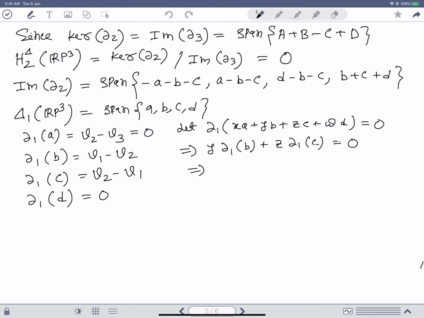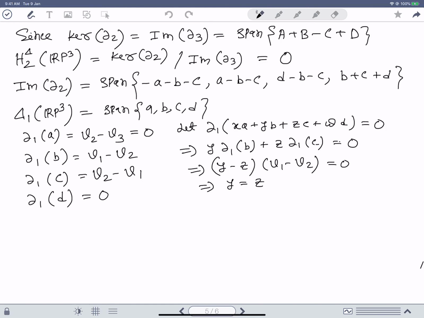Now that will imply, you can write Y minus Z times V1 minus V2 equal to 0. Now since there is no relation between V1 and V2, that implies y equal to z.